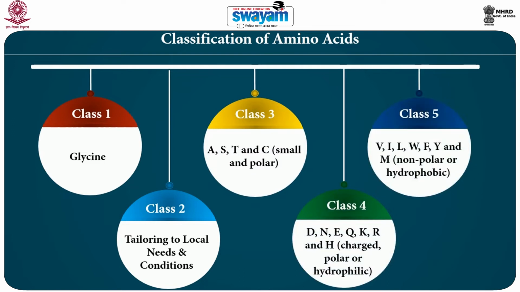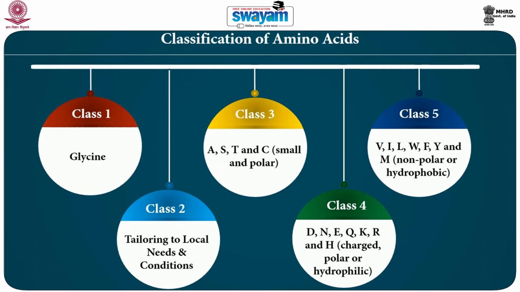Class 1 is glycine, very small, no side chain. Class 2, proline, which is special because the chain turns back and connects to the backbone NH group. Class 3: A, alanine, S, serine, T, threonine, and C, cysteine, small and polar.